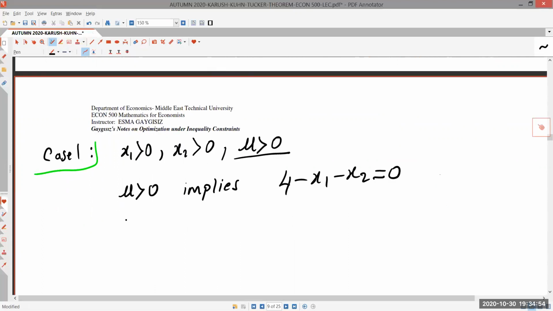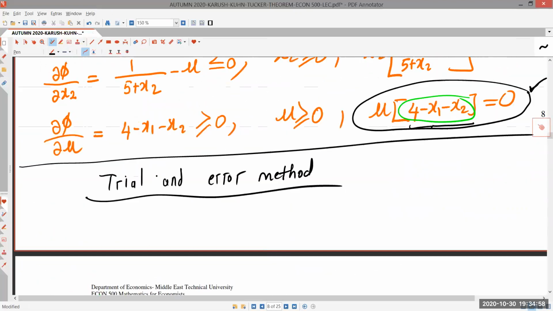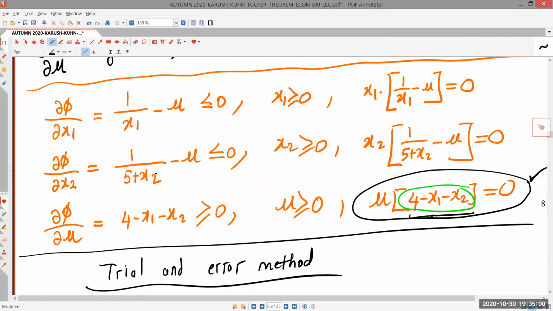And if x1 is greater than 0, what does it imply? Let us look at it here. If x1 is greater than 0, then this expression must be equal to 0. And for x2, if it is a variable greater than 0, this expression must be equal to 0.